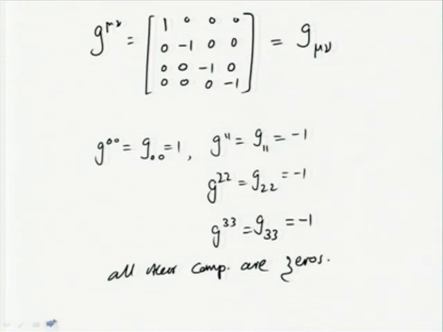So, this is our metric, and this metric again can be different. We can choose a different metric, a metric which is different from this.